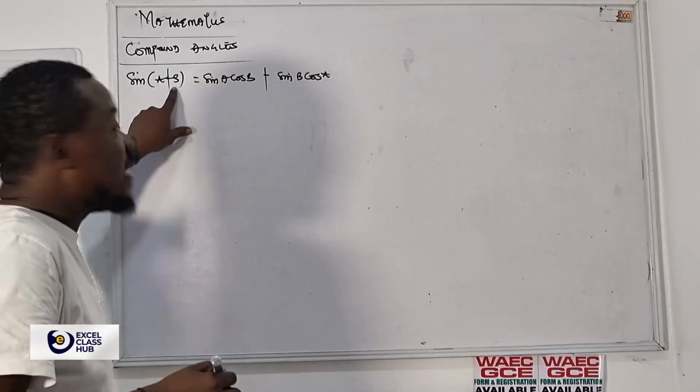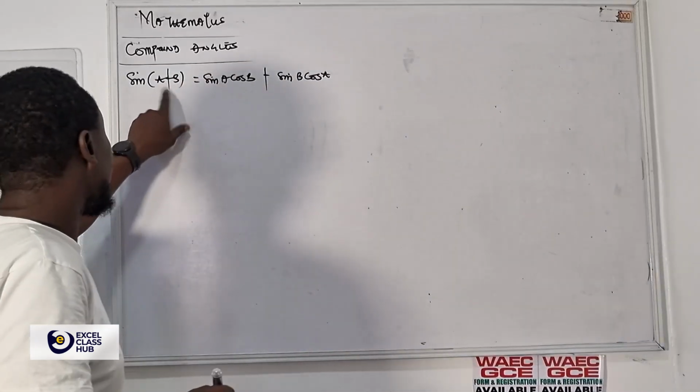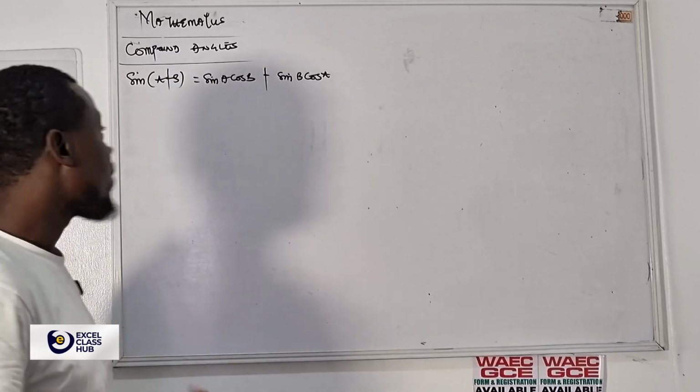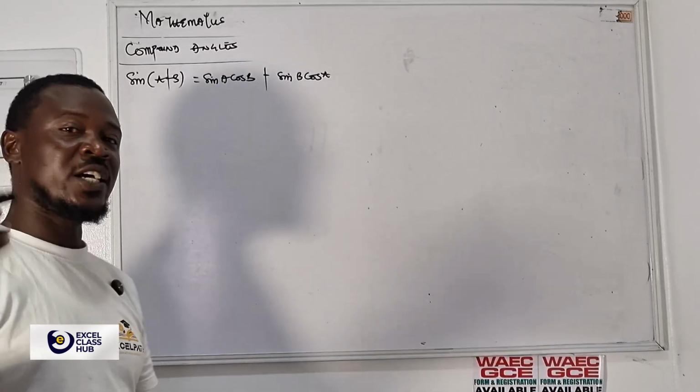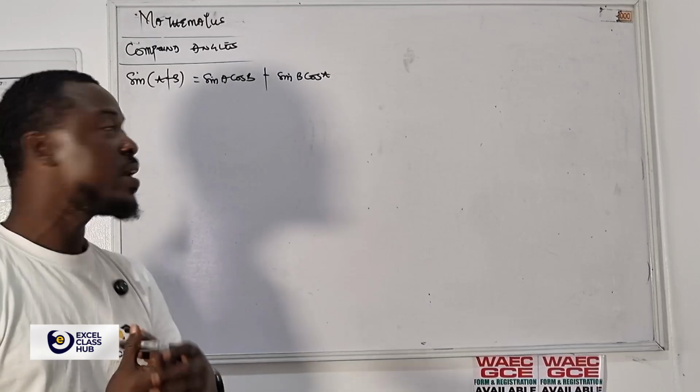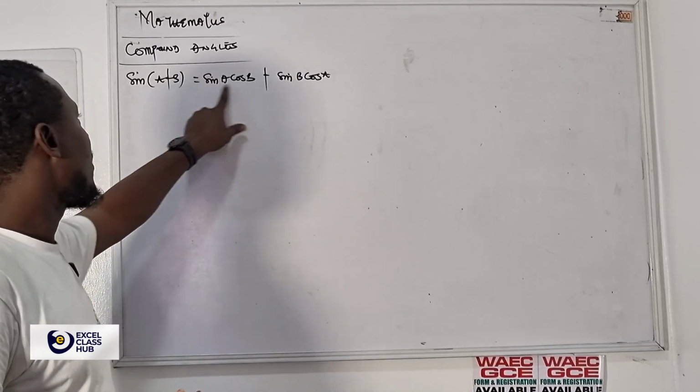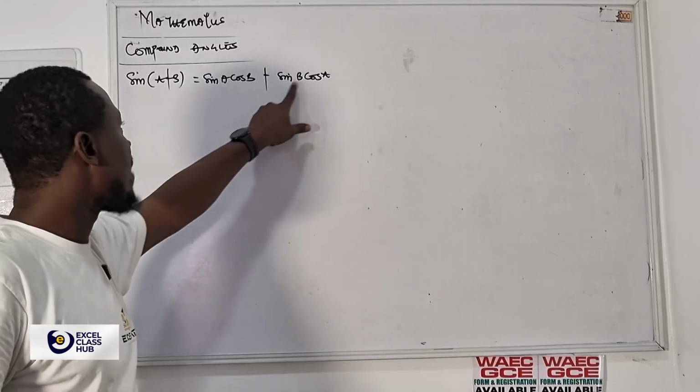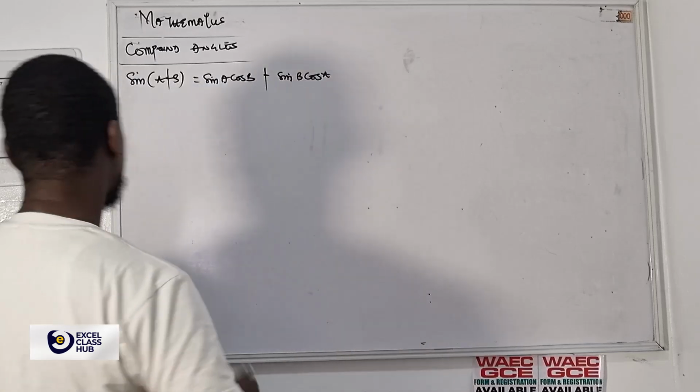Instead of me saying sine theta, they change it to A plus B. So whenever you see sine A plus B, the expansion gives you sine A cos B plus sine B cos A.